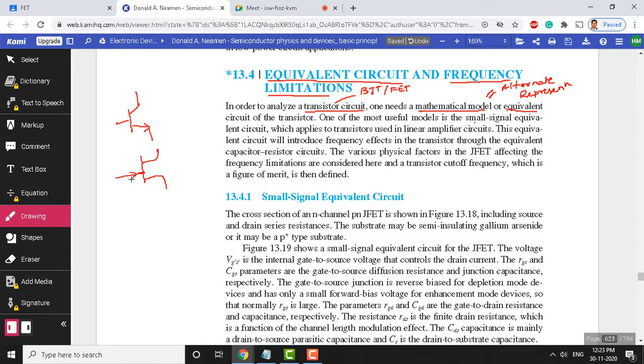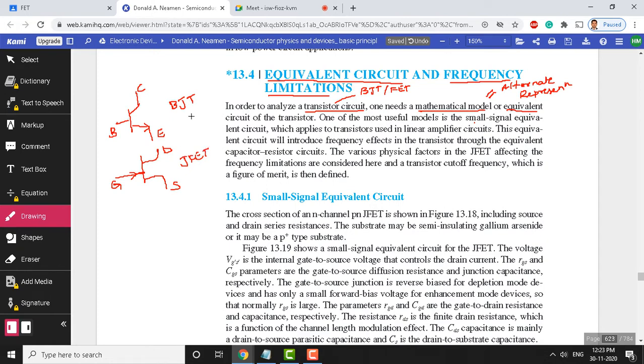Okay. So, this is a gate, drain, source, base, emitter, collector. Okay. So, we have different symbols for BJT, and this is a BJT symbolic representation. And this is going to be the JFET symbol representation.